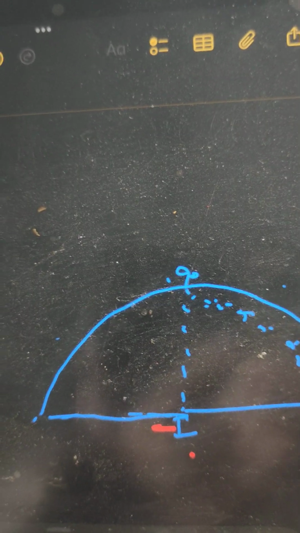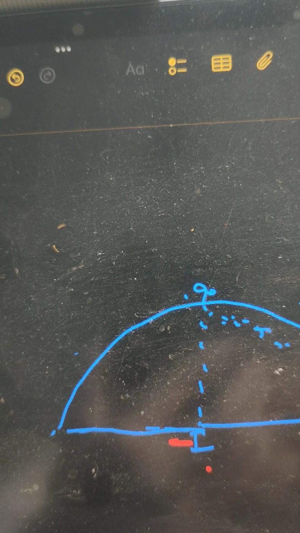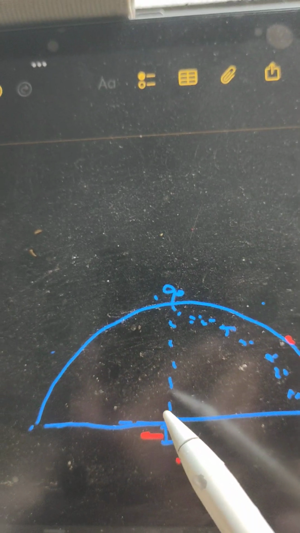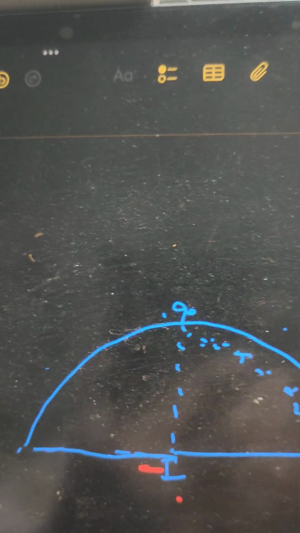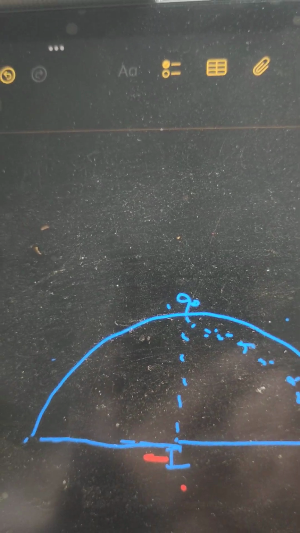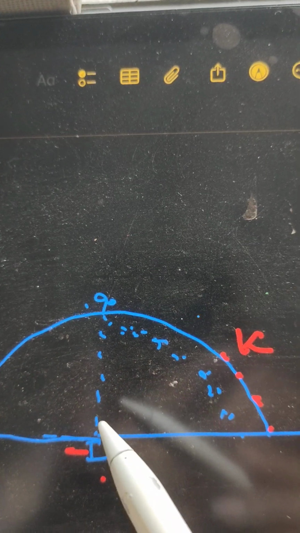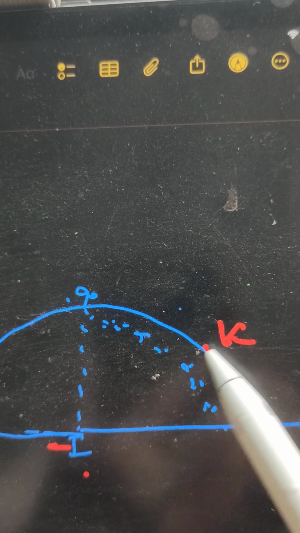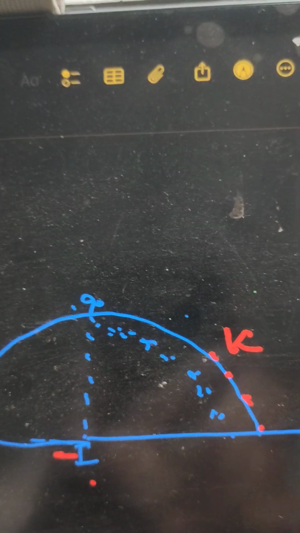And then say we want 30 degrees. So you start counting the degrees here, and here perhaps the point is K. Now with a ruler, you can join I and K, and that will show you 30 degrees.